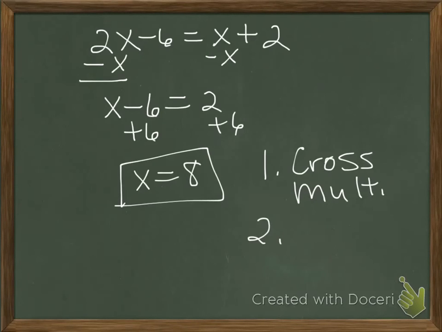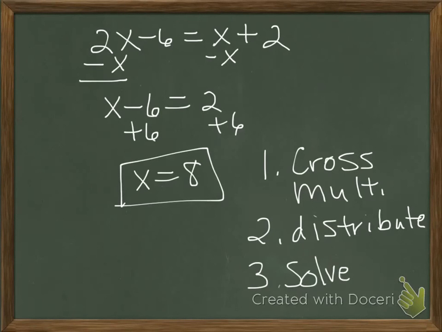Number 2, distribute if needed. And number 3, solve for x. Cross multiply, distribute, and solve for x.